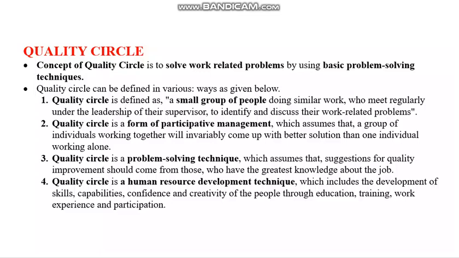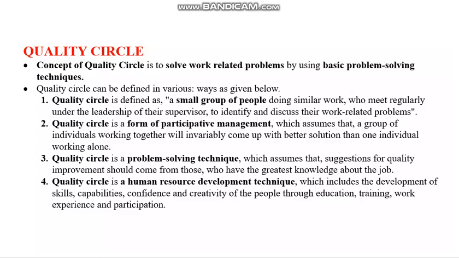The second is, quality circle is a form of participative management. That means all the people who are coming there are participating, everybody is contributing, everybody is an expert in his own field. So they will be giving suggestions and trying to improve things.